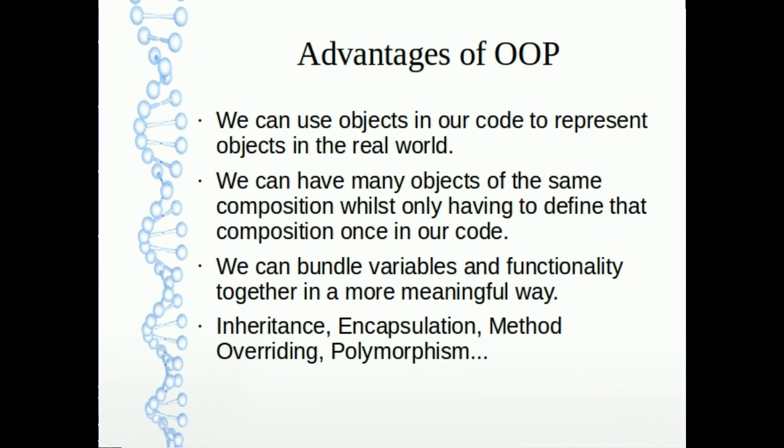But if you are thinking in terms of objects when you are looking at problems you want to solve or systems you want to model, then you will probably find it more efficient in the long run to adopt an object-oriented style. Other advantages of object-oriented programming include the use of concepts such as inheritance, method overriding, encapsulation, and polymorphism, all of which we will be delving into in much broader detail in future videos.